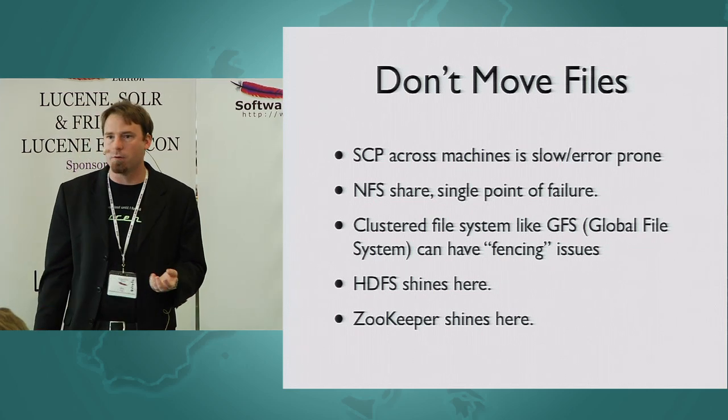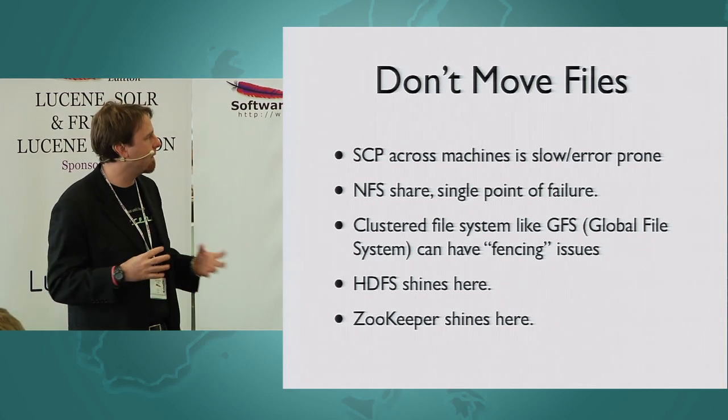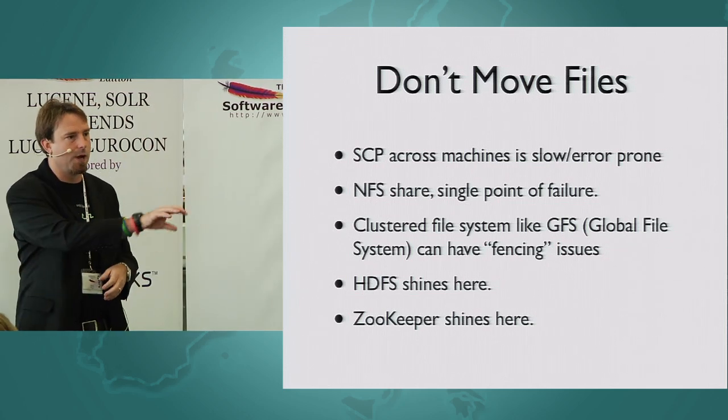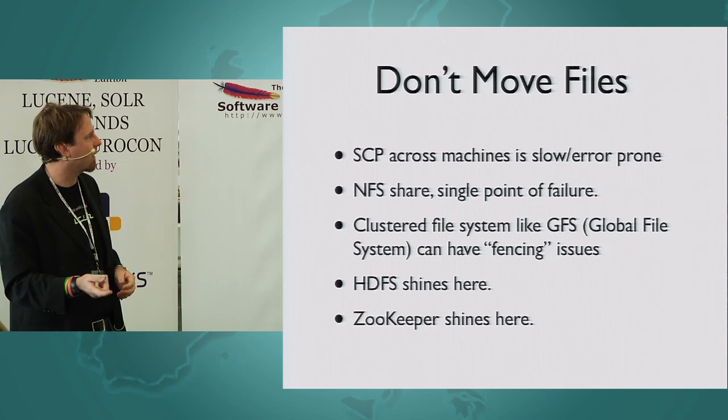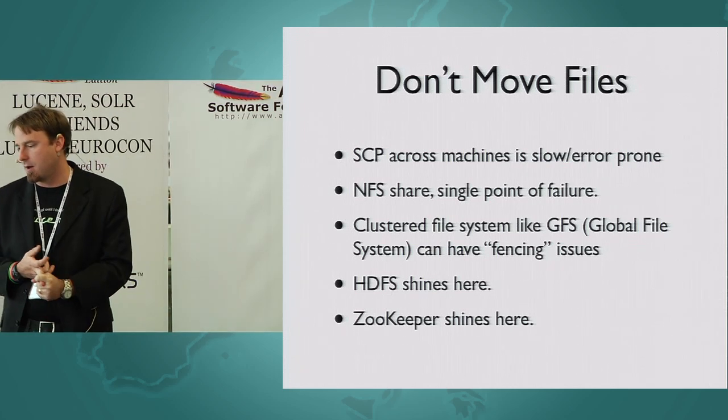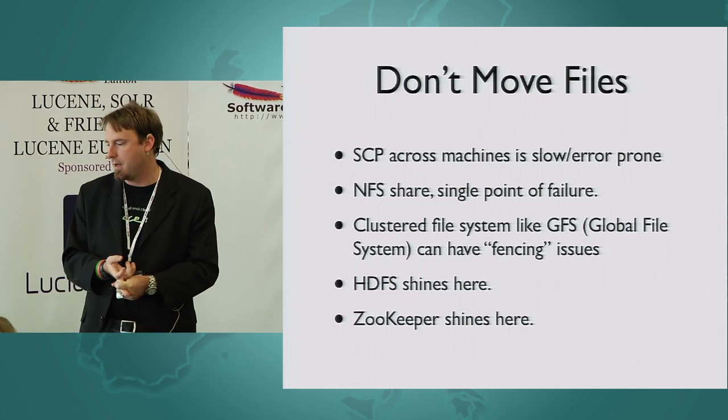So we discovered that you don't want to move the data around. And we tried a number of different approaches to moving data around, right? Initially, we started out with SCPing files from the repository out to all the ingestion machines and then doing it. We looked at NFS, but discovered the problem with NFS shares. You have a single point of failure.